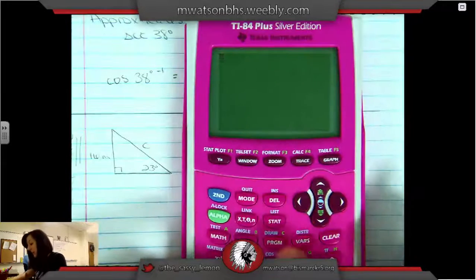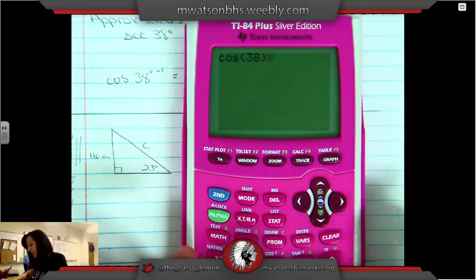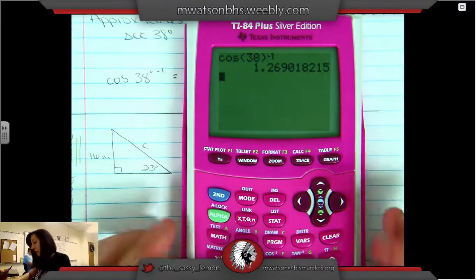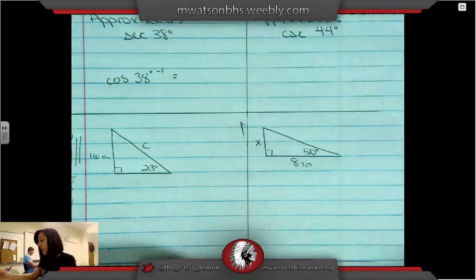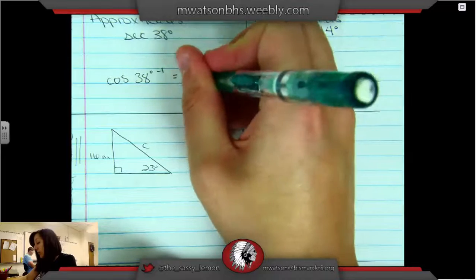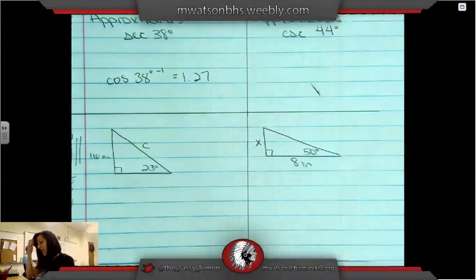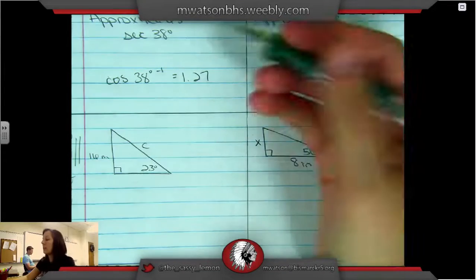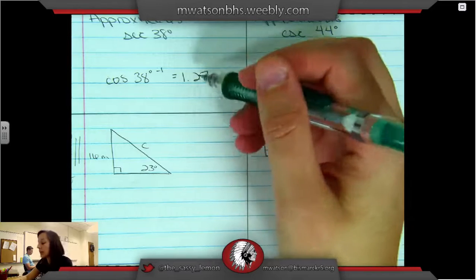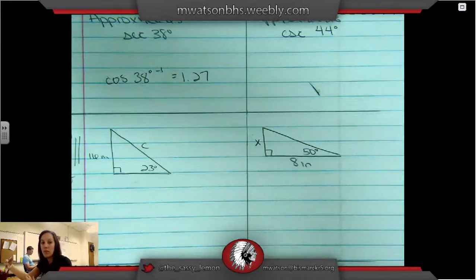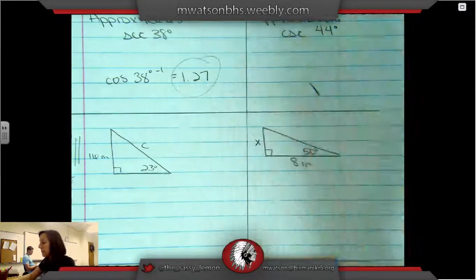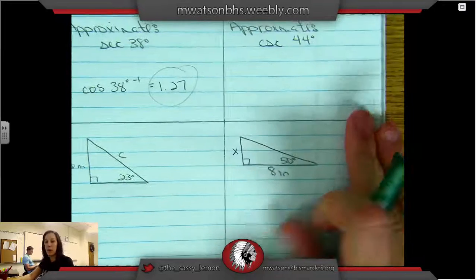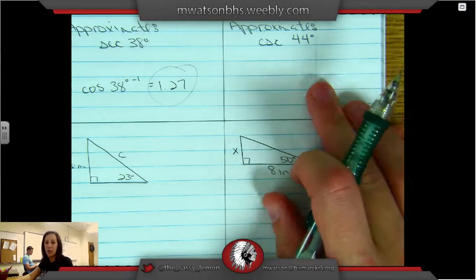When I type that in, I get 1.269. I'm going to round to the hundredths, so it should be 1.27. And so remember, this represents a ratio of the sides, one to the other. So that's the answer. So now go ahead and pause the video and try to do cosecant of 44 degrees.